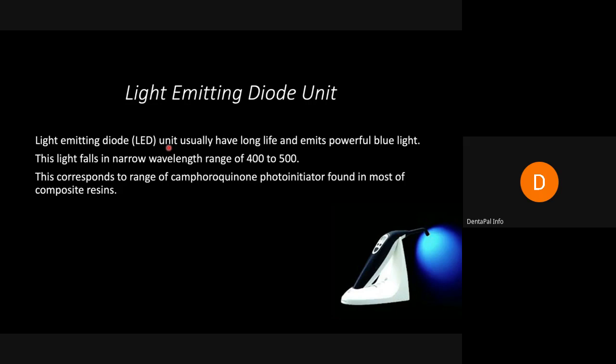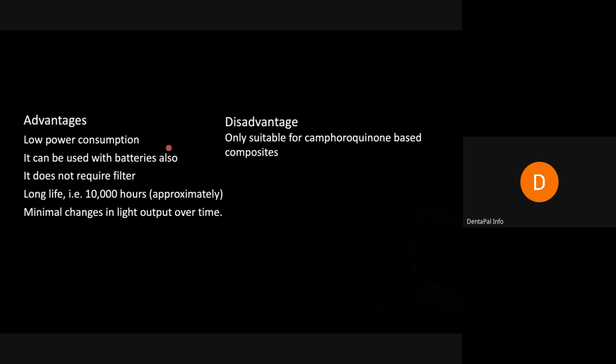So it is different than the halogen because it has a longer lifetime. It emits the power that is also in the range that affects the camphorquinone. It is cheaper, safer, and produces less heat. That's why now it is used widely.